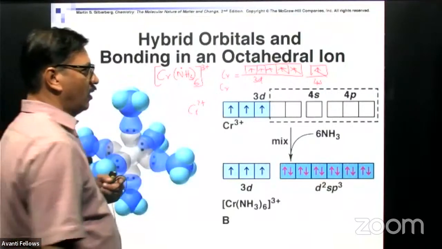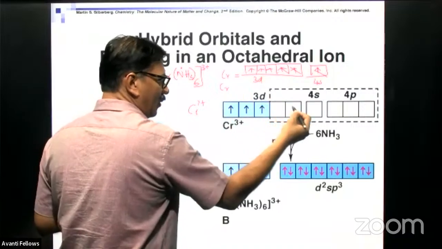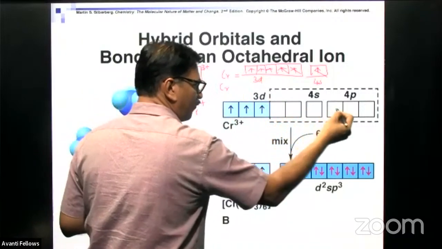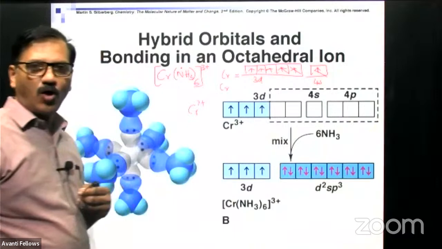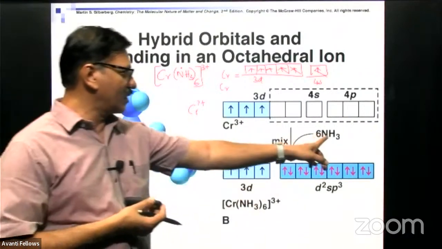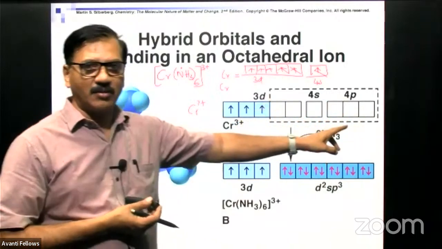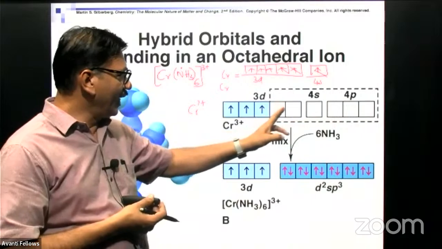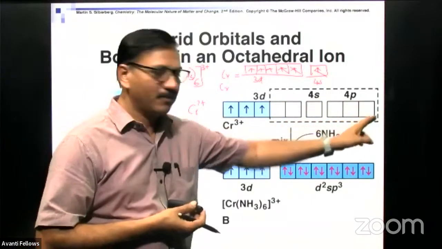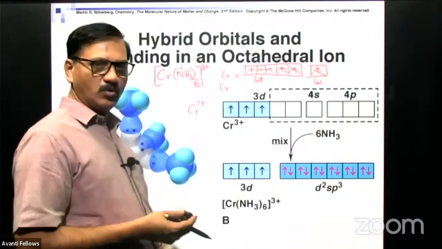Only 3 electrons remain, and the available orbitals are 1, 2, 3, 4, 5, 6. If 6 NH3 ligands are approaching, it undergoes hybridization. What is the hybridization? d2sp3.